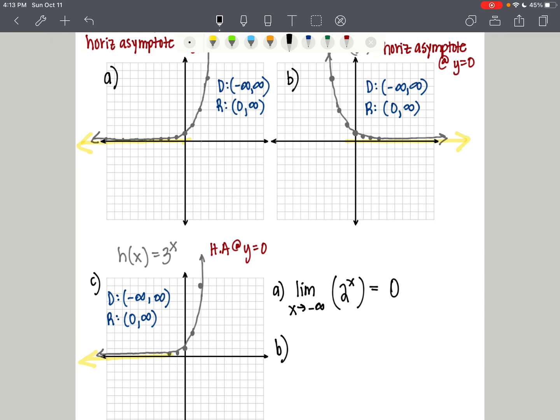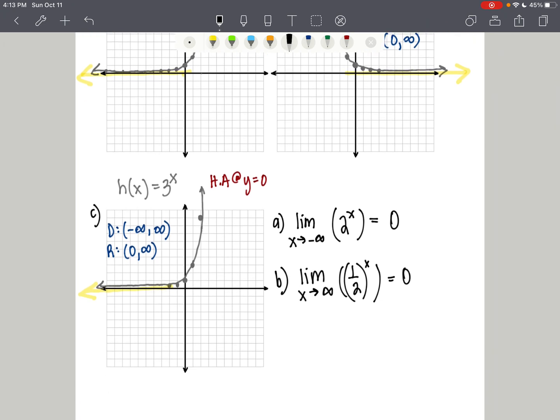And for graph b, the limit as x approaches positive infinity of 1/2 raised to the x power is also equal to 0. And then c, how do we write that horizontal asymptote as a limit?